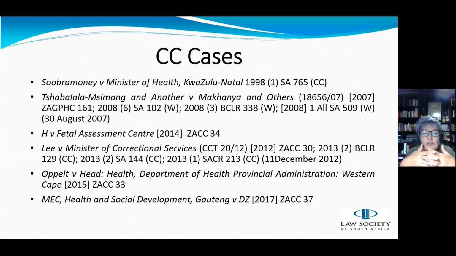So something went wrong with the sterilization, and a baby is on its way. Then you can go to court, and your claim will be an unwanted pregnancy or a wrongful pregnancy.